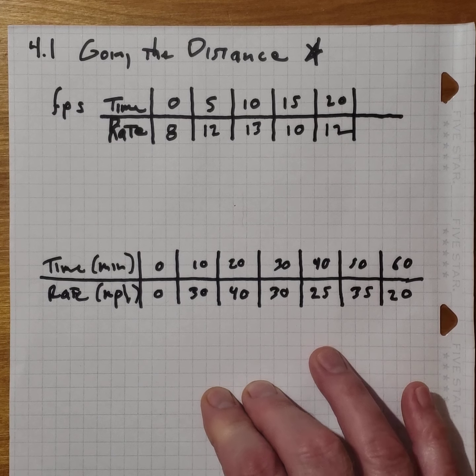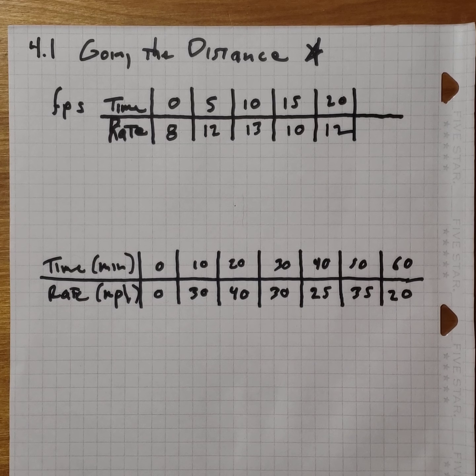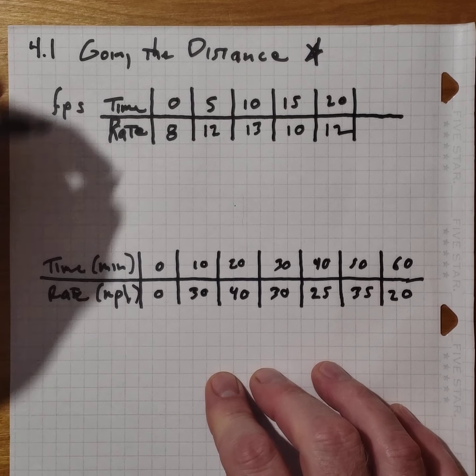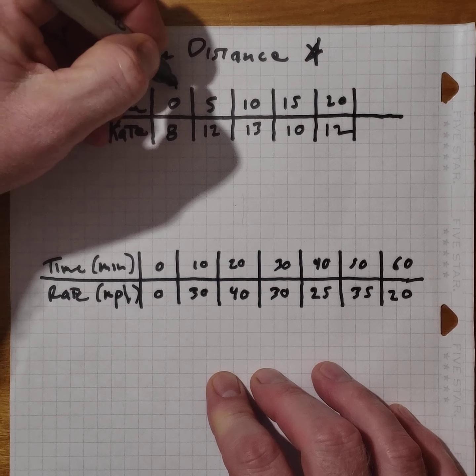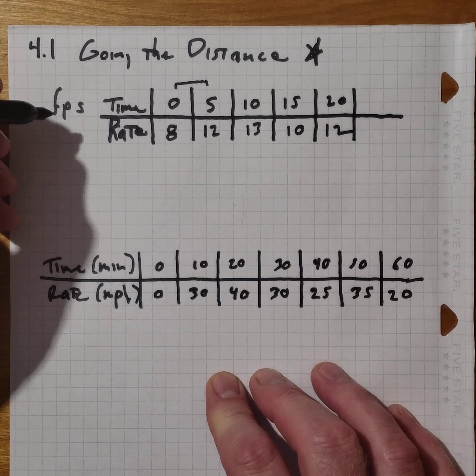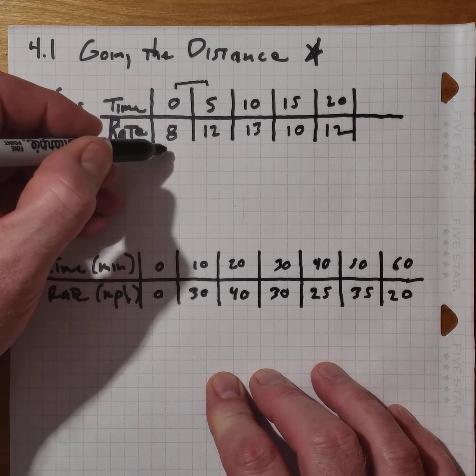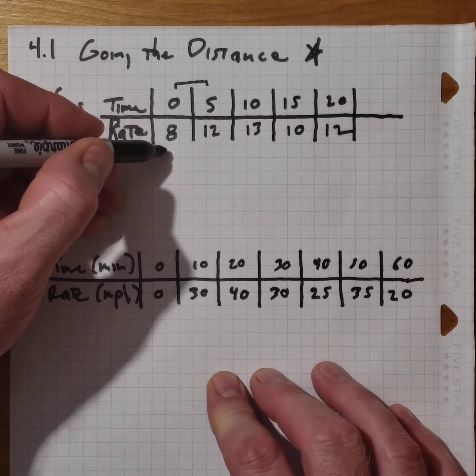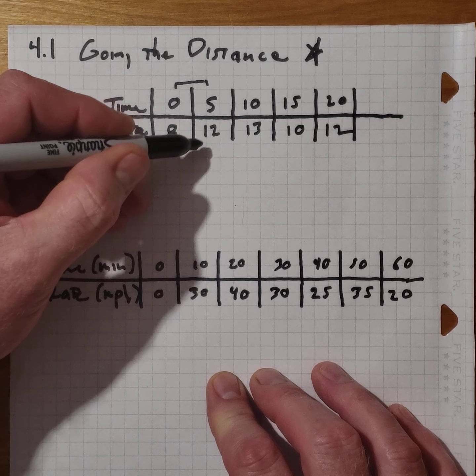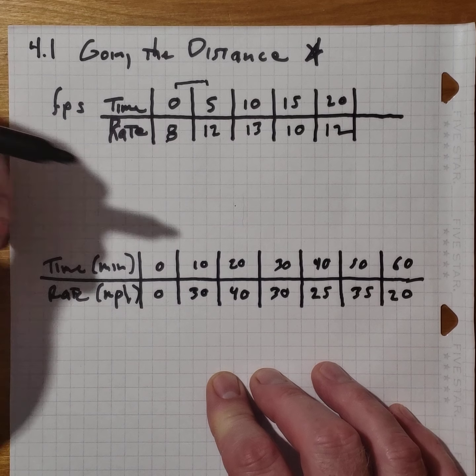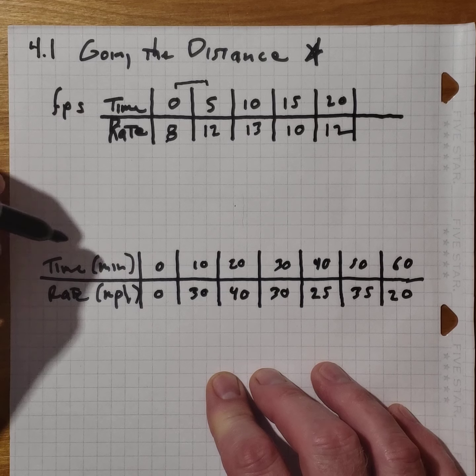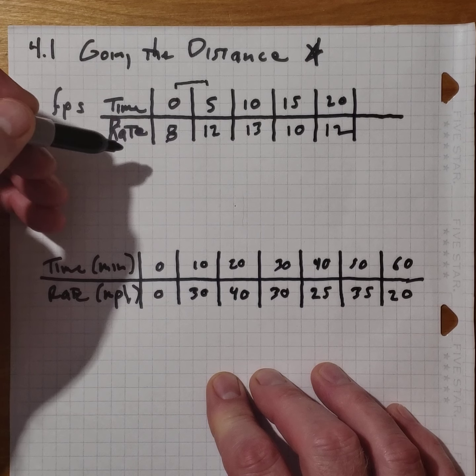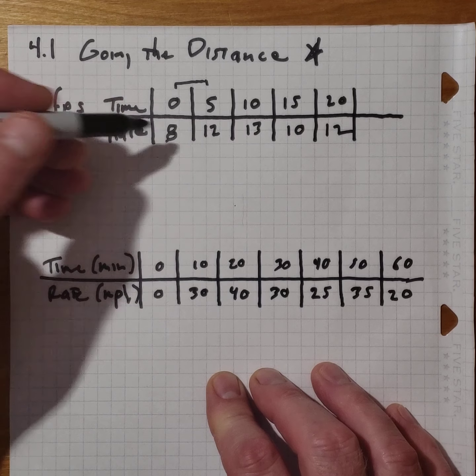It's really easy to do. All we have to do is multiply rate times time. Rate times time gives us distance. Over this period of 5 seconds, from 0 to 5, we don't know how fast it was going the entire time, but we know how fast it was going at the beginning and at the end. I think the best way to go about doing this is to average those together. Say it started at 8 and ended at 12.